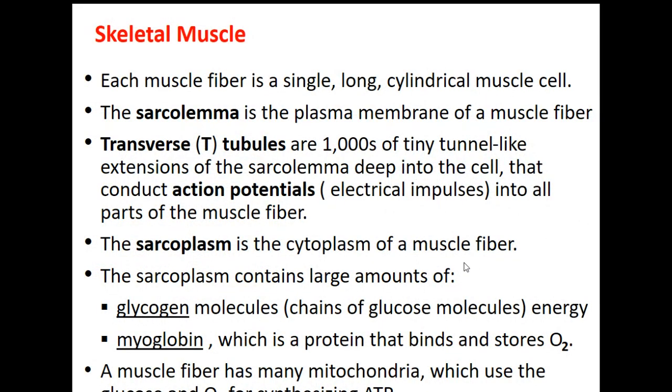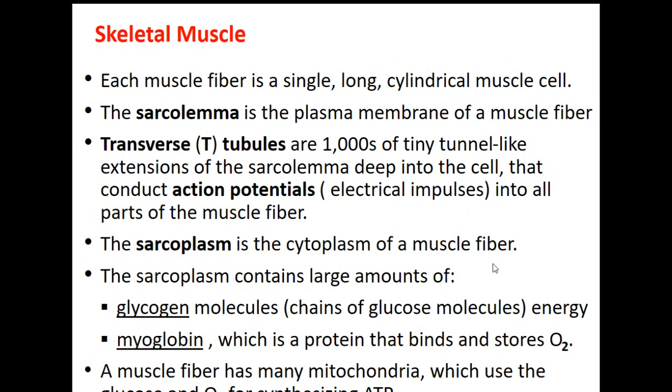The cytoplasm, that is the inside part of a muscle fiber, also has its own name called the sarcoplasm. In the sarcoplasm, there's always a lot of glycogen. Remember, glycogen is a chain of glucose molecules. We store glucose in our bodies as these glycogen molecules.